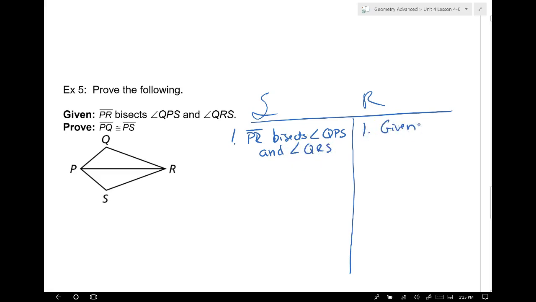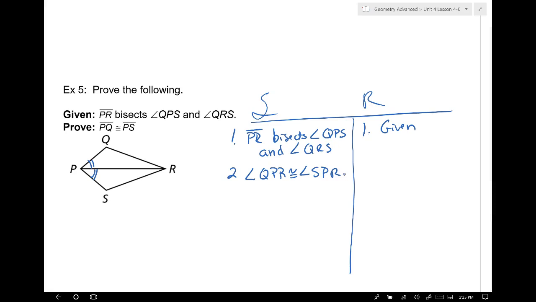How many pairs of congruent angles should I get out of this? Two, right? Because do I have two different angles being bisected? It's that one segment's doing it for two different ones. So if I look at QPS, these two would be my congruent angles. So I got angle QPR is congruent to angle SPR. And then what other two angles?